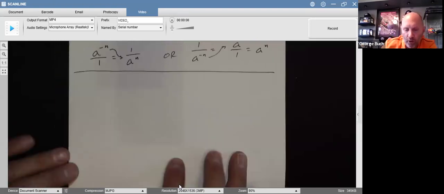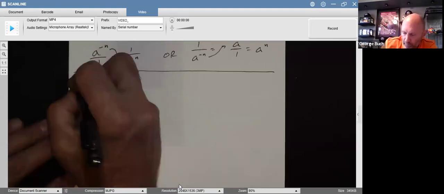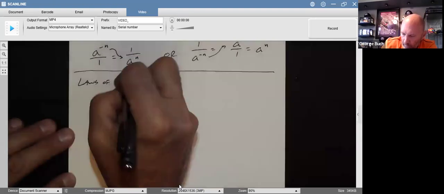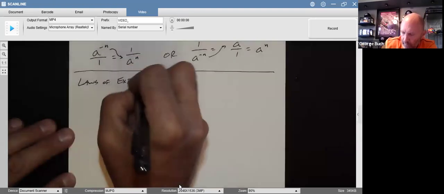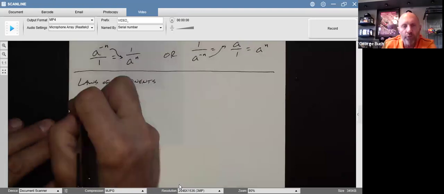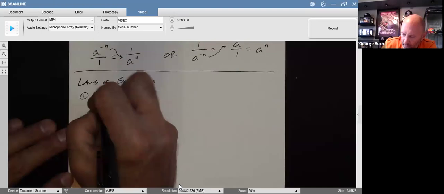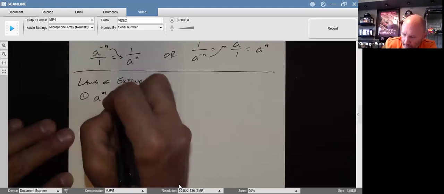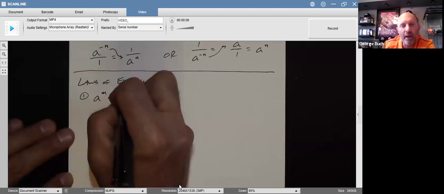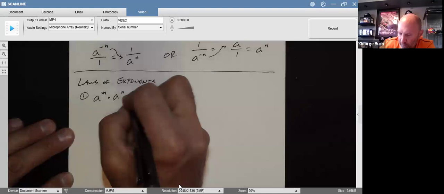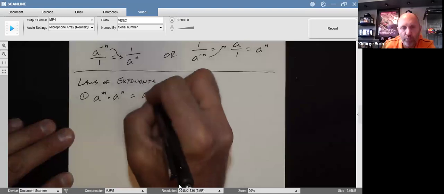We have our laws of exponents. So the first one, as long as my bases are the same, if I have a to the m power multiplied by a to the n power, this just becomes a to the m plus n.